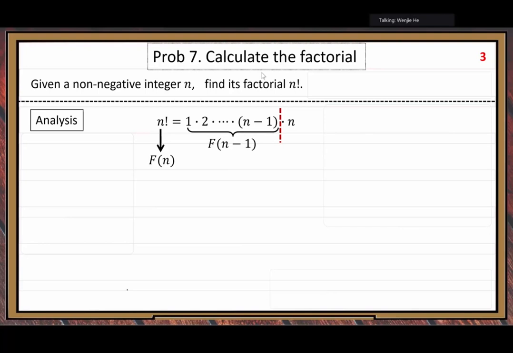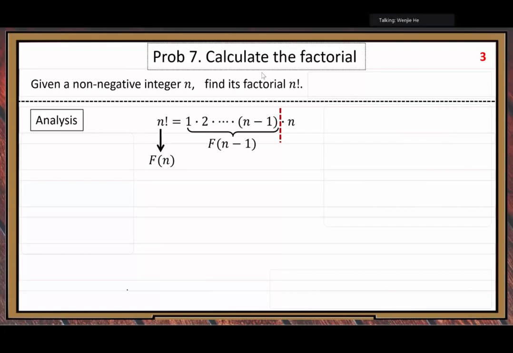And we assume there is a way that can help us find the f of n minus 1 solution. We assume it. In the conquer step, how do you conquer? By recursion. So we assume we have this number already. Then the gap. How to make the connection? How to fix the gap? There is a gap between f of n and f of n minus 1.